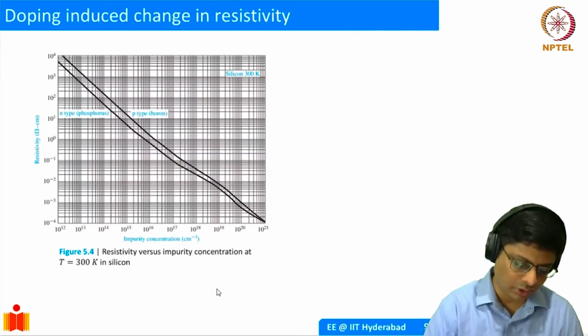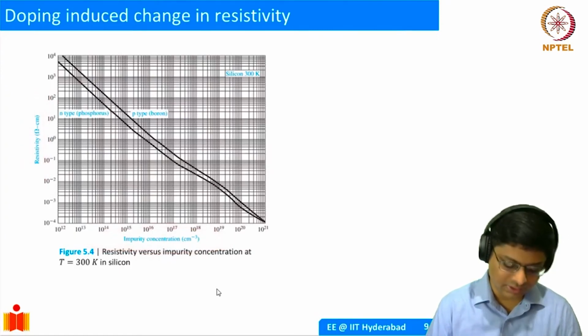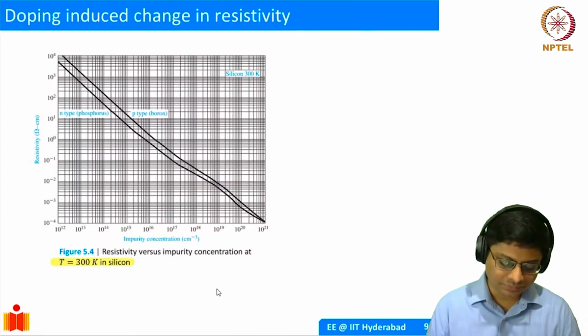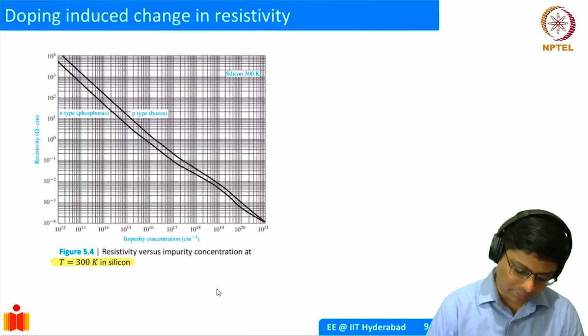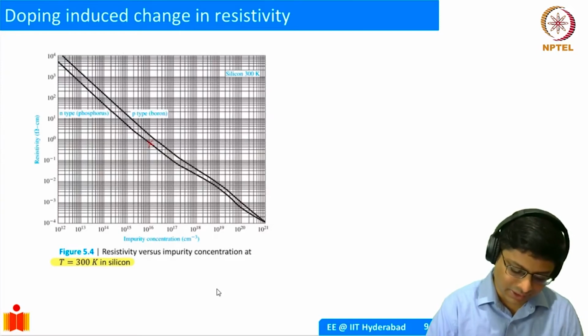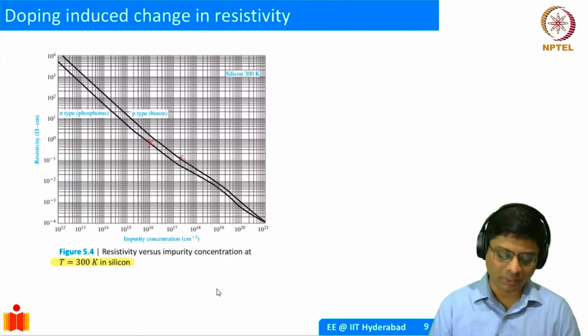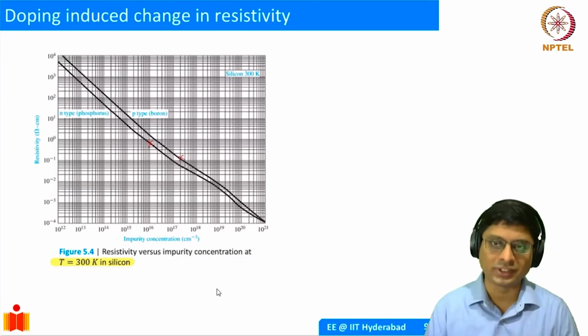Here there is a plot of resistivity versus impurity concentration for silicon at 300 degrees Kelvin. Take a few numbers. For example, take 10 power 16 and calculate the resistivity, and take 10 power 17 and calculate the hole resistivity. If you have acceptor impurity concentration Na of 10 power 17, what is the resistivity?